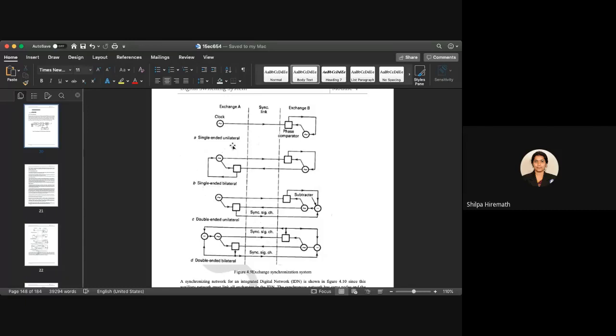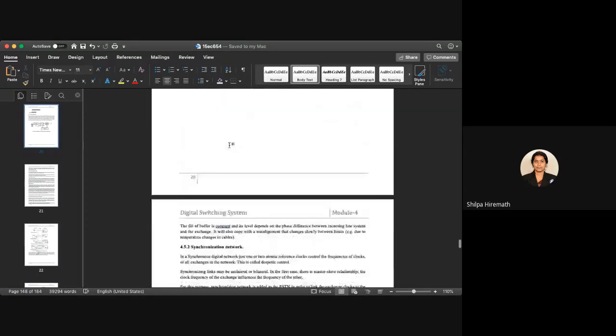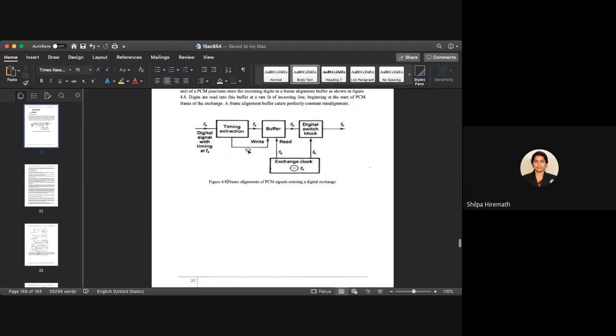Before moving to this, let me say what the role of this buffer is and how it works. The fill of the buffer is constant and its level depends on the phase difference between the incoming line and the exchange line.